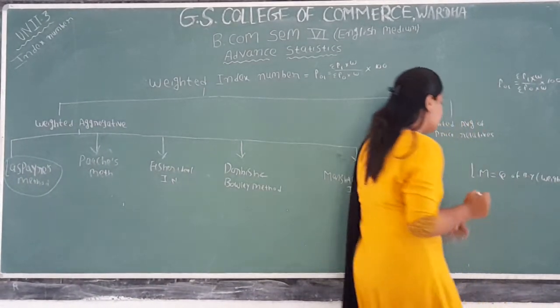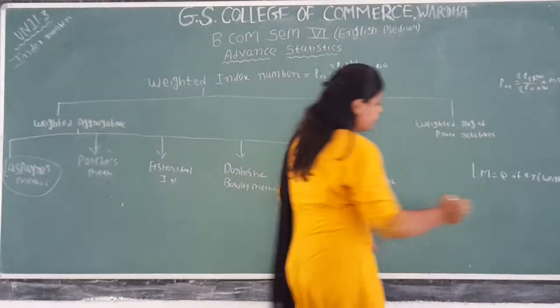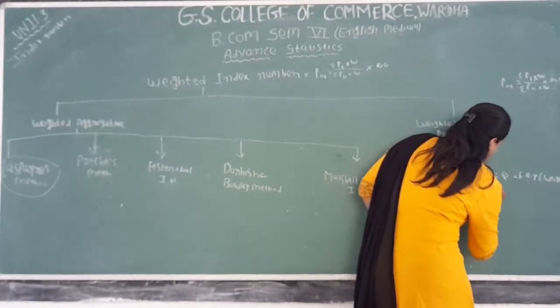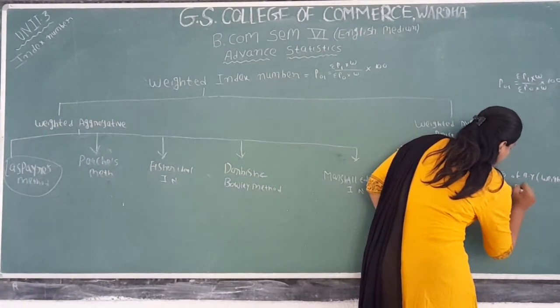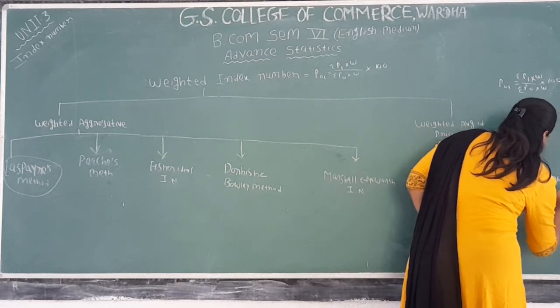And when we talk about the Paasche's method, here the quantity of current year is used as weight.